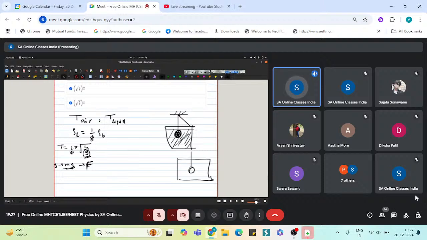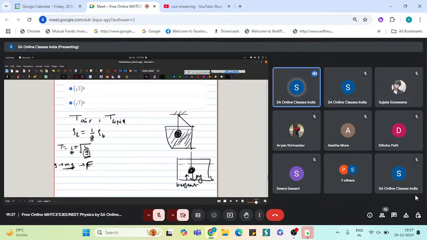So this is your blob. I'm not drawing the liquid, but let's just assume there is liquid around it. There is a force acting downwards, which is mg, but there's also a force acting upwards, which is the buoyant force exerted by the liquid, which is opposing the mg force. It is holding the ball upwards.